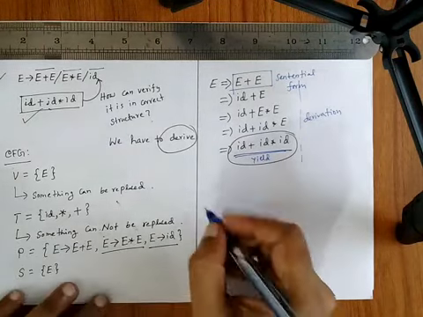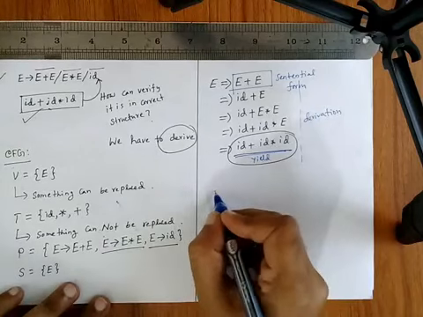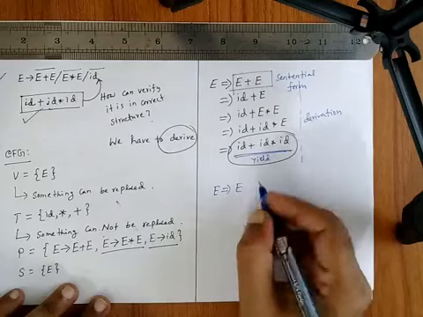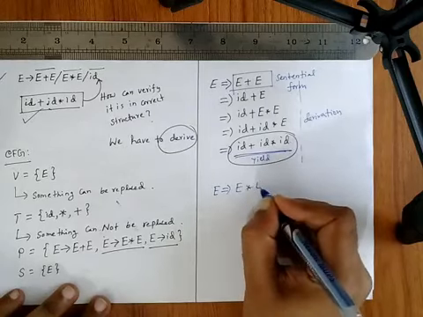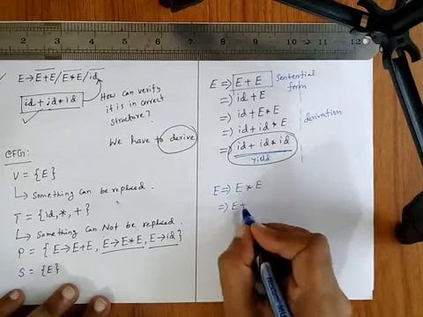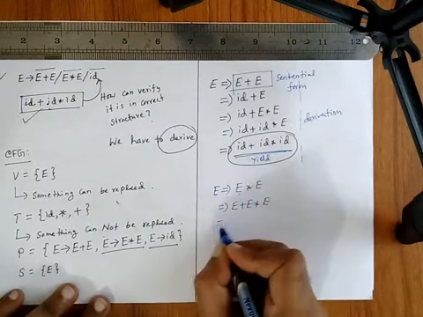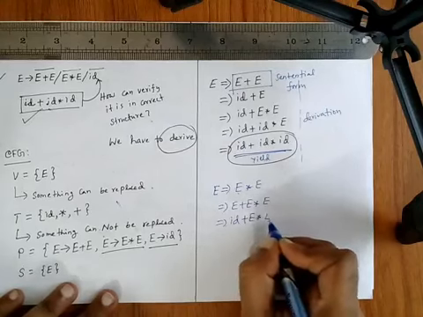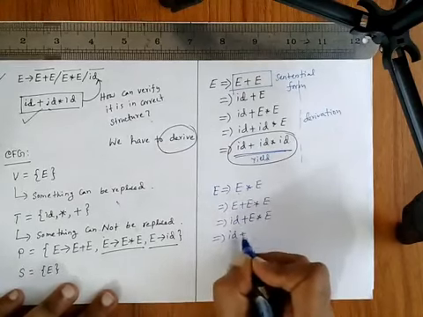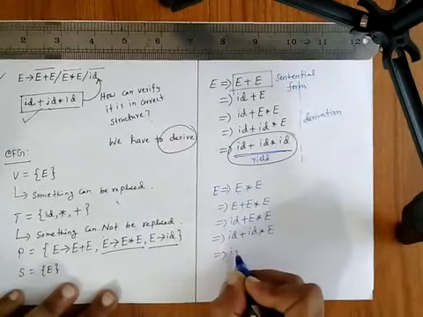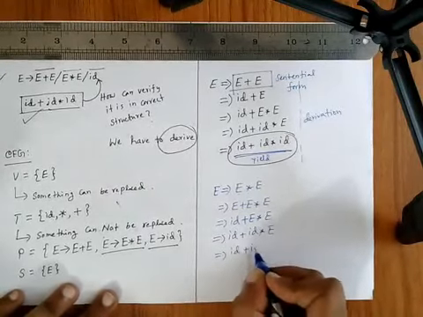Okay, so E derives E star E, then this E is derived by E plus E star E, then this E becomes ID, plus E star E, then ID plus ID star E, then finally ID plus ID star ID.